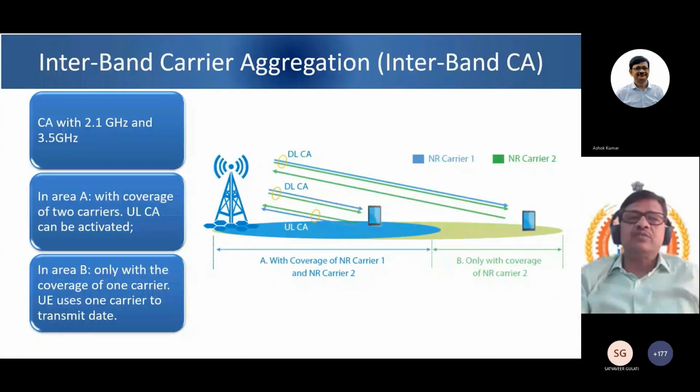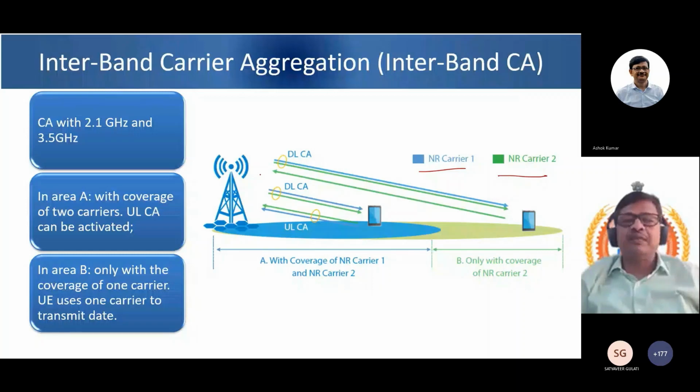Okay, now let's look at this particular example. This is interband carrier aggregation, right? That means there are two NR carriers, NR carrier 1 and NR carrier 2. That means this is a 5G tower.